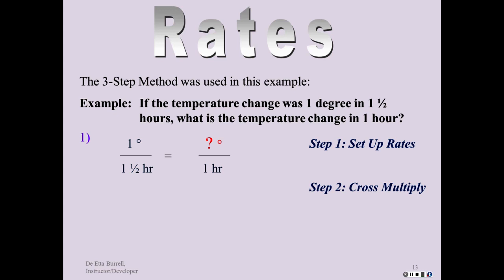But let me tell you, sometimes you might read the problem and it doesn't have a number there. It might say, instead of 1 hour, an hour, to the hour, per hour, each hour. Okay?